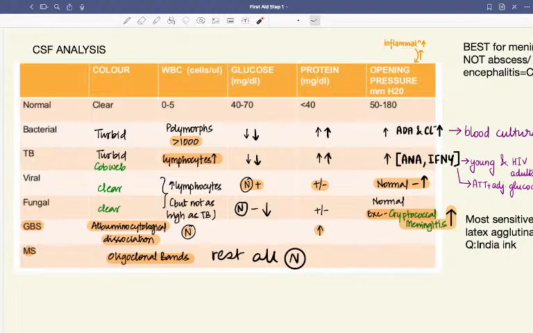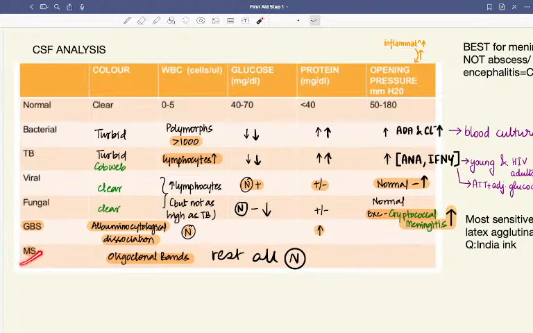Proteins will be increased, and opening pressure is increased. Fungal, and obviously TB, you'll have color. Okay, in TB you'll also have lymphocytes. That is also important. In GBS you have albuminocytological dissociation, and oligoclonal bands are present in MS. Okay, so the rest are all normal.